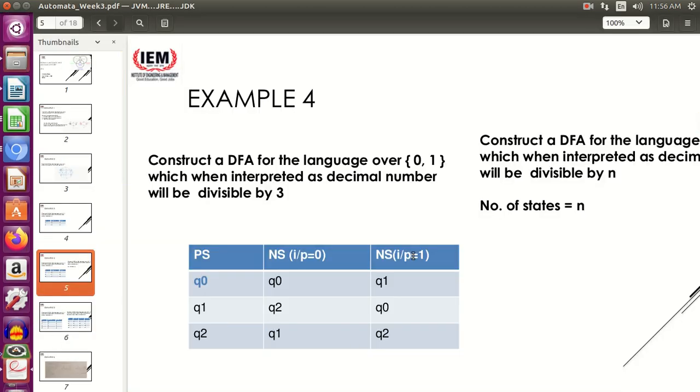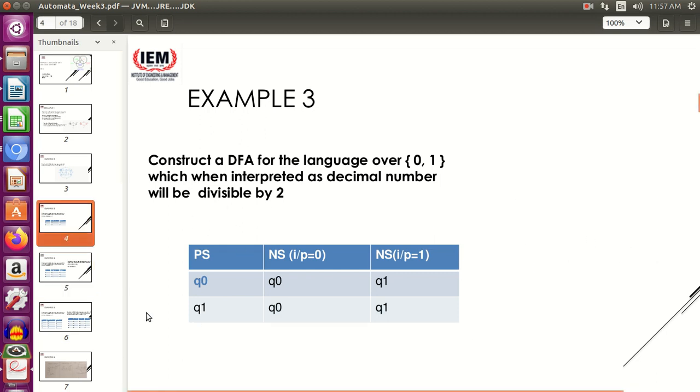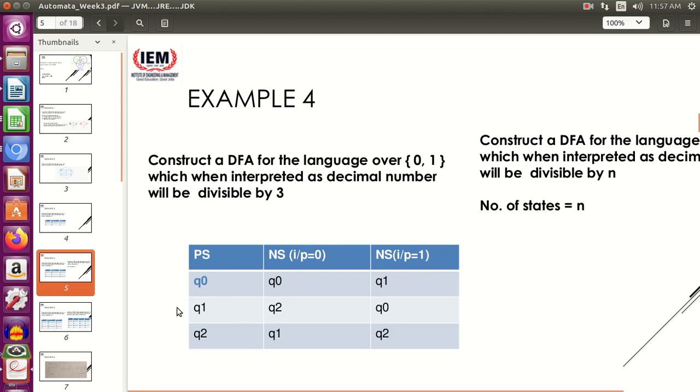Just a generic knowledge for you all. For any question of this kind, constructing a DFA for the language which when interpreted as decimal will be divisible by n, the number of states required will be n. Here it was divisible by 2, 2 states were required. Here it was divisible by 3, so 3 states were required, and so on.